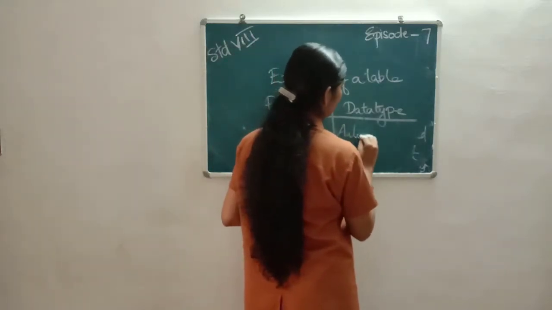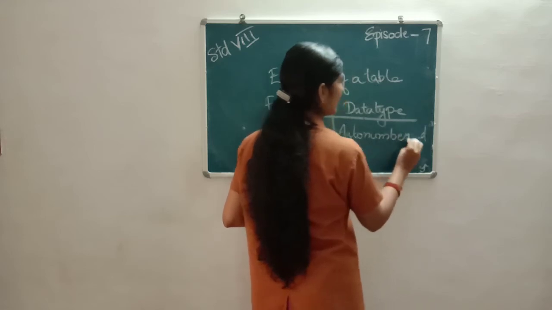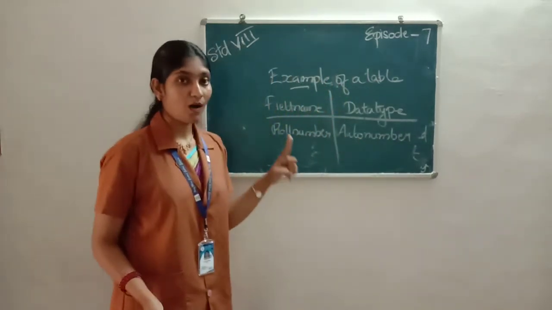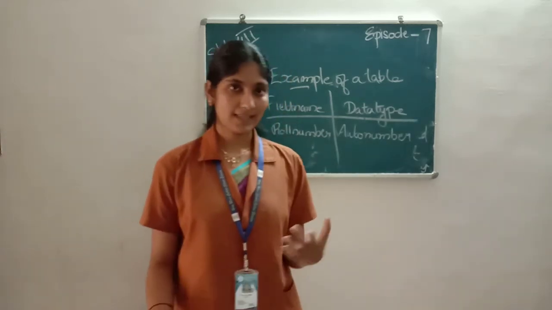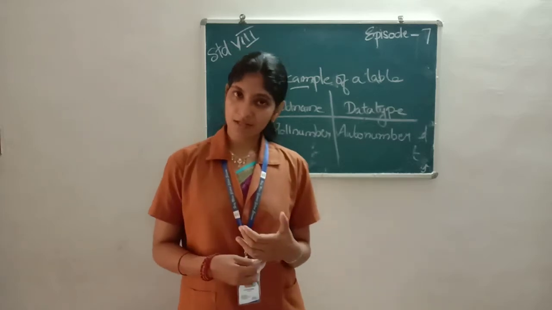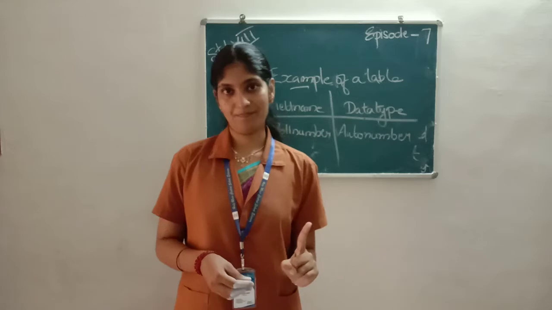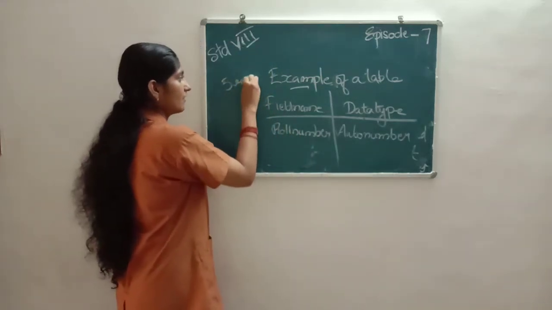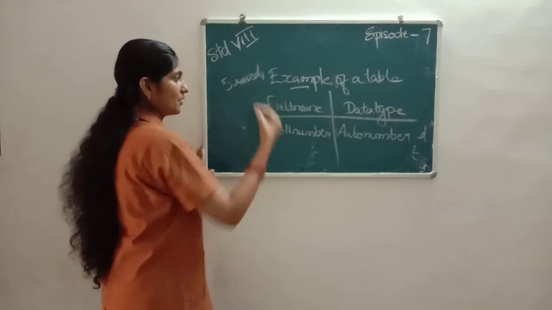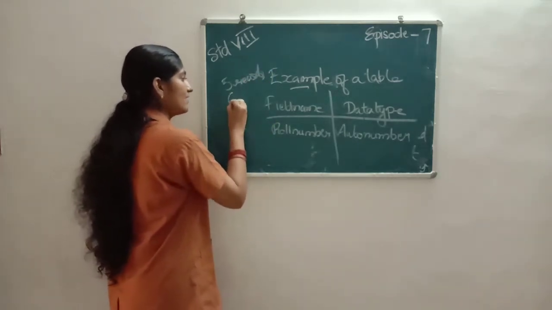Why do we use this data type? This auto number is automatically incremented by 1, and also automatically decremented by 1. That means if any record is added to the database, it will be incremented by 1. For example, if there are 5 records, now we add another record, so the roll number will be 6.